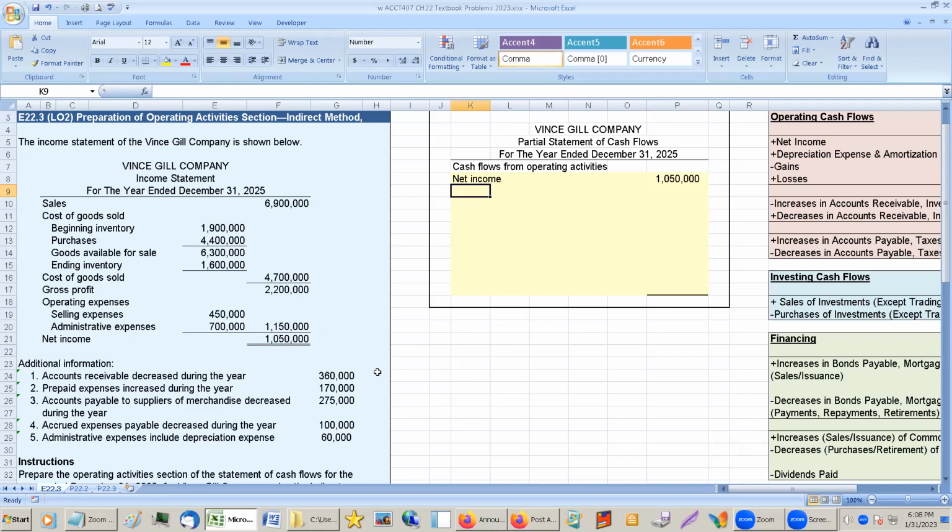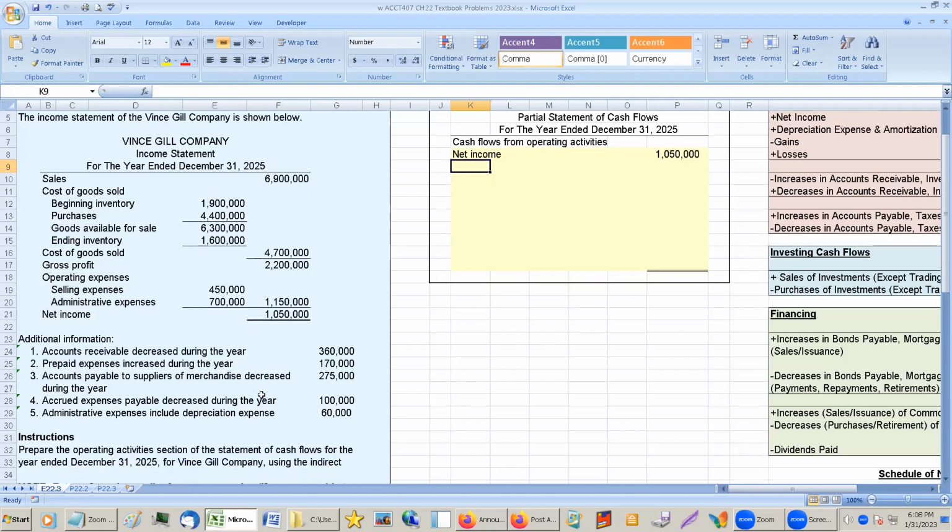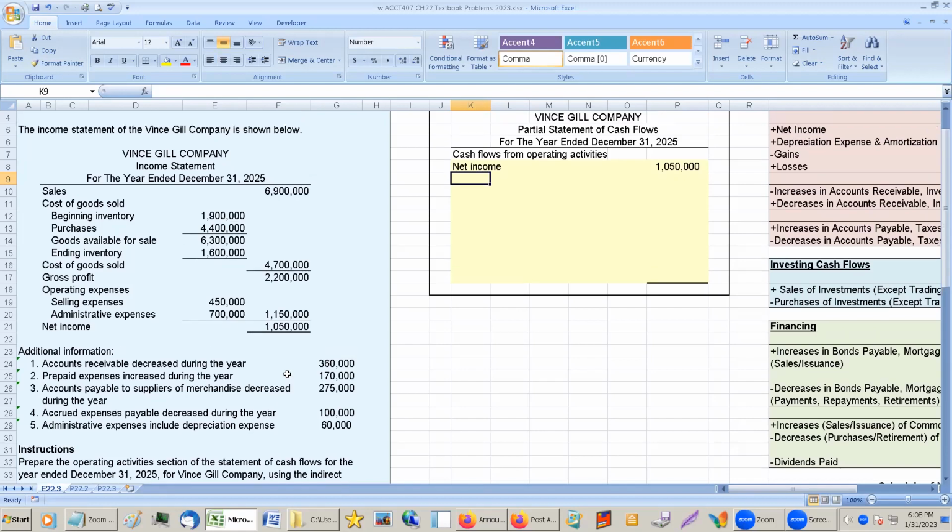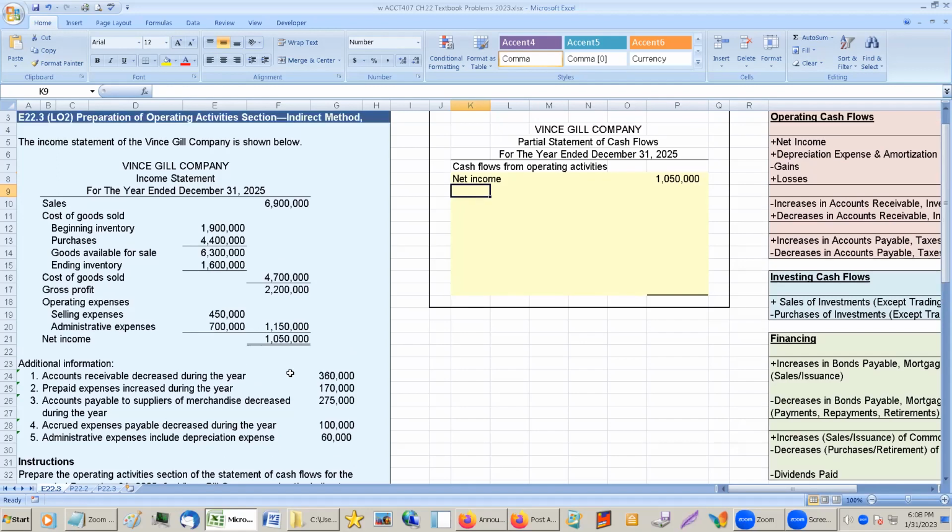All right, now let's go through here, and we're going to look for the accounts. We're looking for things like depreciation, things like current assets, current liabilities, all that kind of stuff. When you find something, either put it into chat or just yell it out.